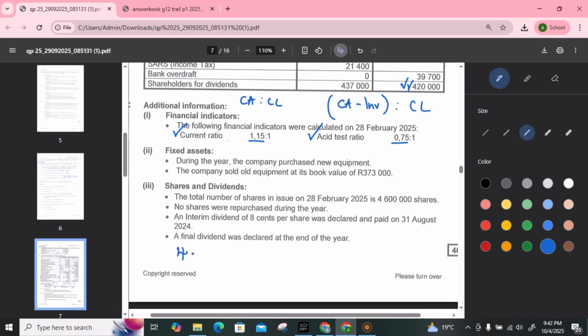So one should say 4,600,000 multiplied by 0.08. We change cents into rand form. That will give us 368,000. This amount is for interim dividends. It's coming from this statement right here, where 8 cents per share was declared and paid in August.